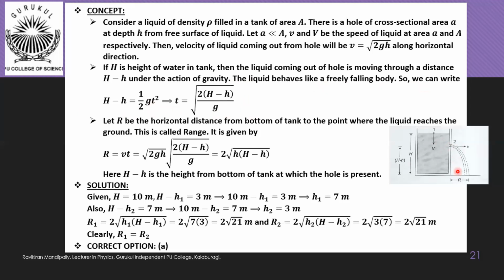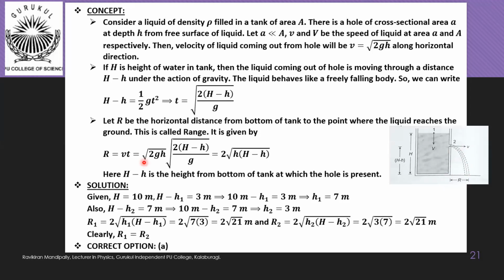Now, this distance is capital R. This is the distance from the bottom of the tank at which the liquid touches the ground. This distance is called the horizontal range, and it is given by horizontal velocity into the time taken by the liquid to reach this position. So capital R is equal to V into T. V is the velocity of efflux, root 2gh, and T we have already derived, root of 2 into capital H minus small h by g.